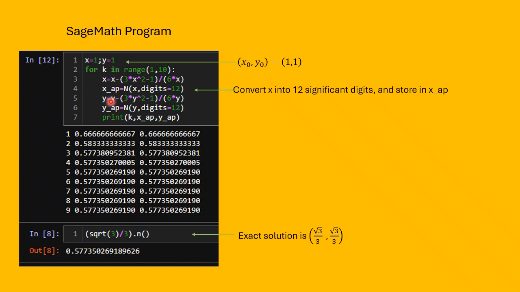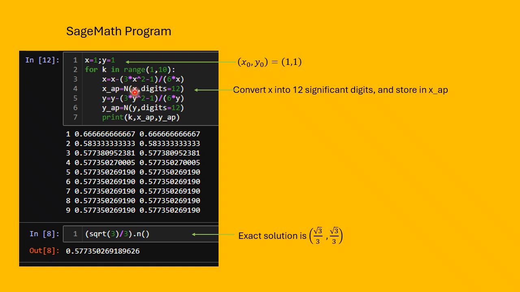Now, something here looks a little bit strange: N underline AP equals capital N of x, digits equals 12. Let's look at the right-hand side of this first. N is a built-in function. It has two parameters.